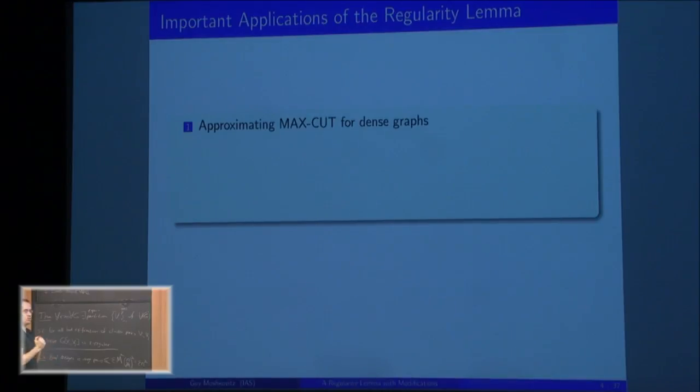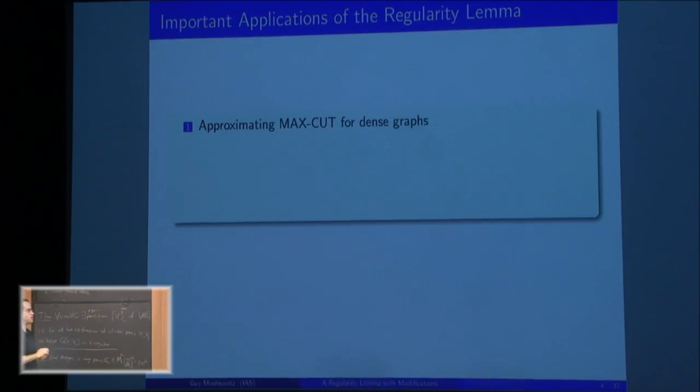You're given a graph and you want to find a partition of the vertices into 2 parts that maximizes the number of edges in this cut between the 2 parts, or equivalently you want to find a subset of the vertices that has the most outgoing edges coming out of it. Computing this number in general is an NP-hard problem. Even just approximating this number to some constant ratio is NP-hard.